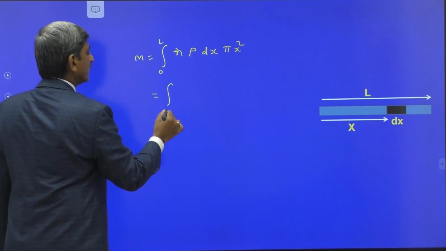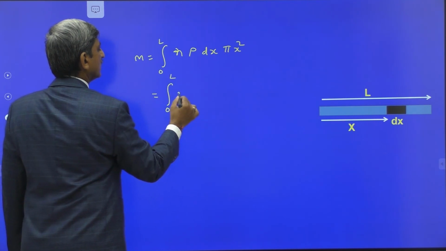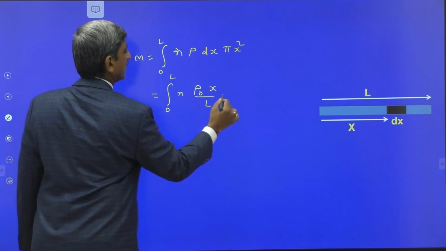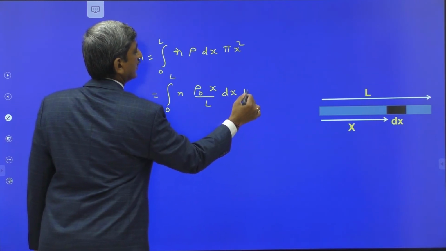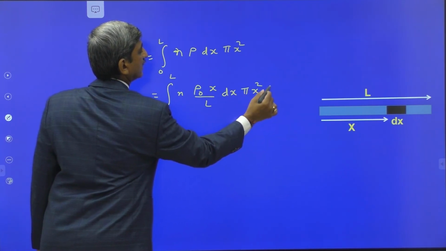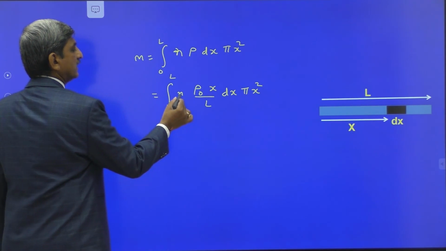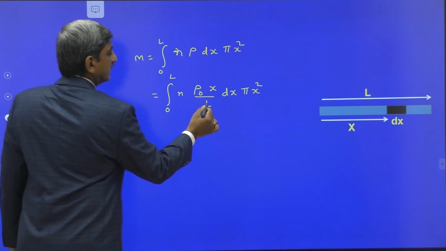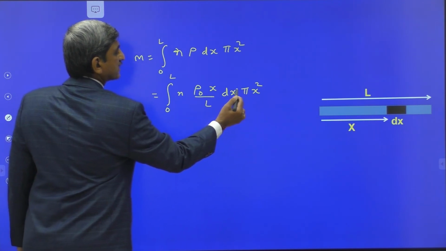By substituting that, we have integral 0 to L of n rho naught x by L dx pi x square. In this equation, n is constant, rho naught is constant, L is constant, pi is constant.